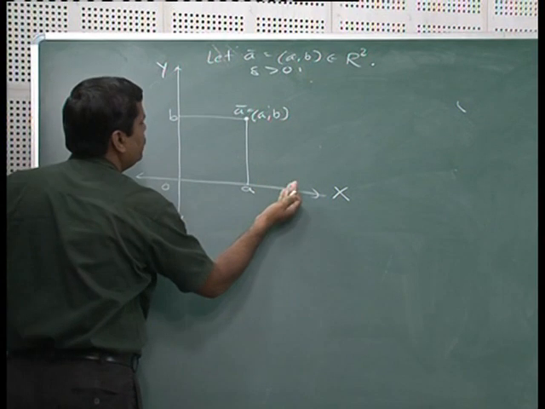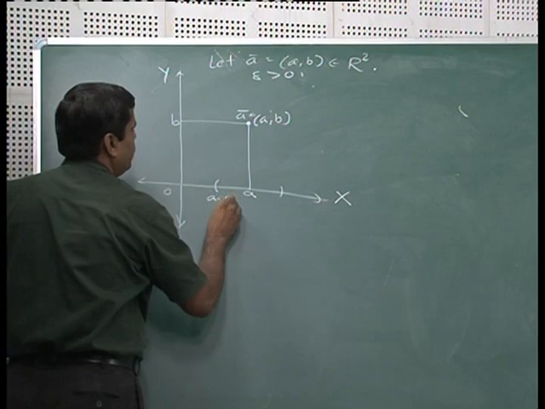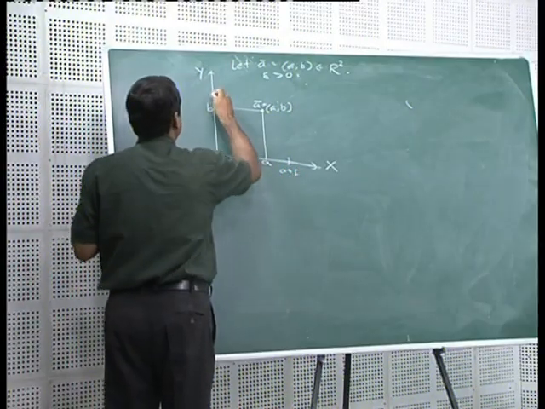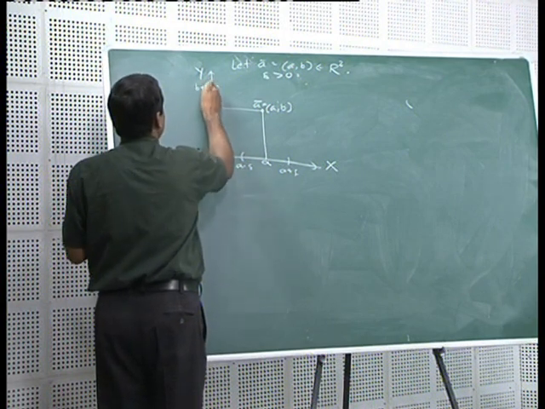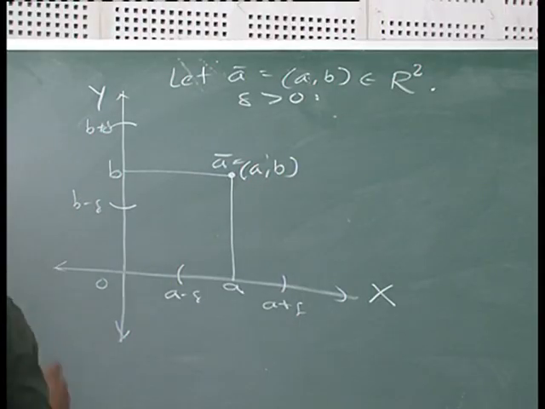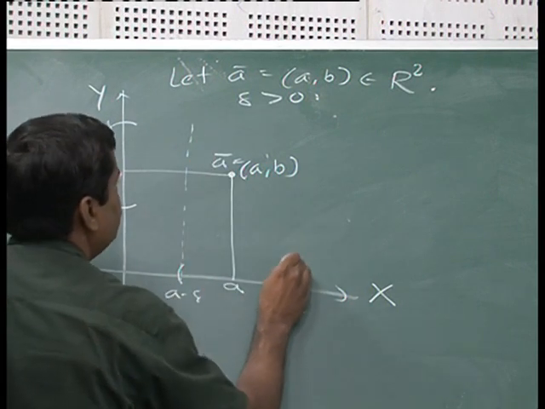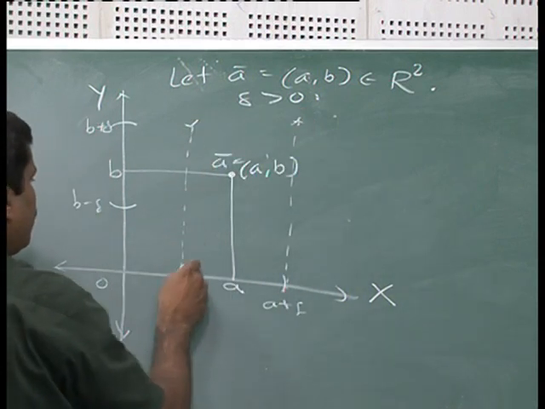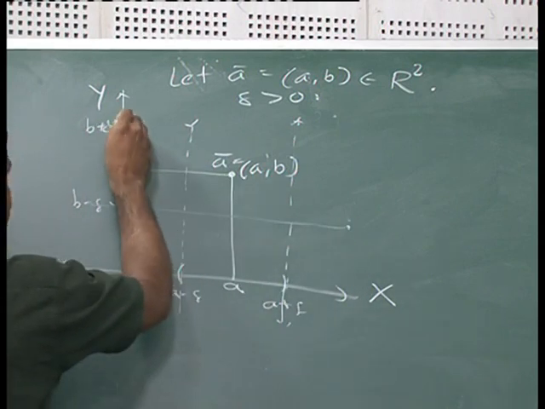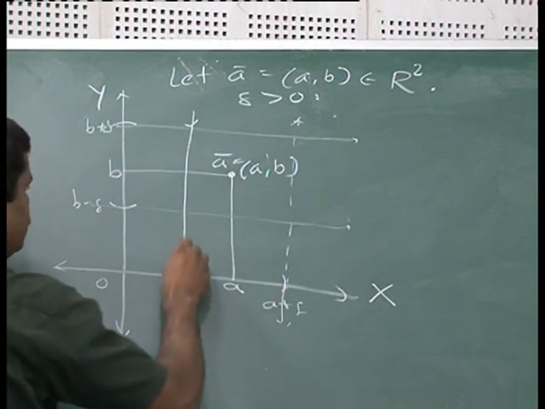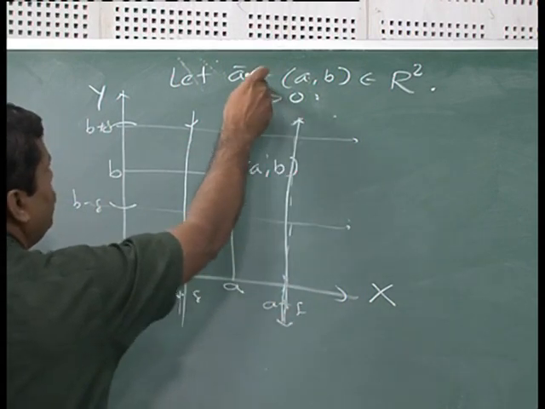Adding and subtracting delta, we get the open interval (A minus delta, A plus delta), and similarly B plus delta and B minus delta. Considering the lines passing through these numbers and parallel to the coordinate axes, we get a rectangular region. This is called the rectangular neighborhood of the point A bar.